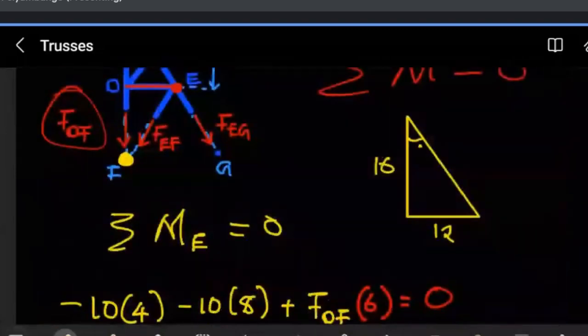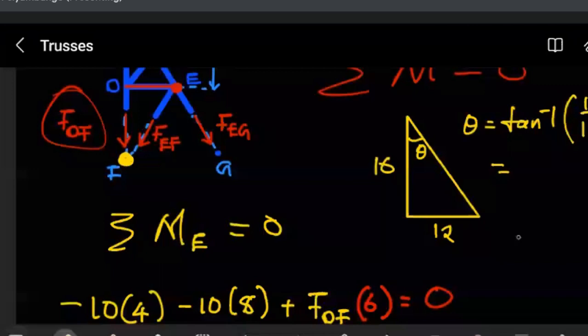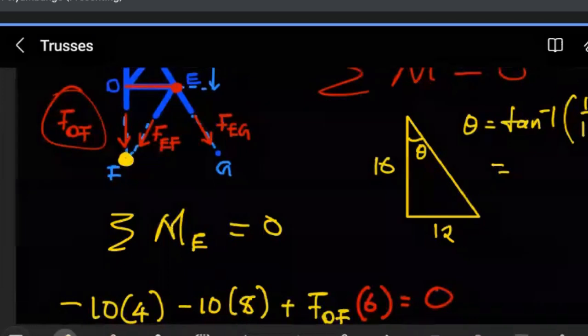Let's label it as theta. So you see that theta is going to be tan inverse of the opposite, which is 12, over the adjacent, which is 16. So what is this going to give us? Can you do this? What angle are we going to get there? Okay, 36.87 degrees.